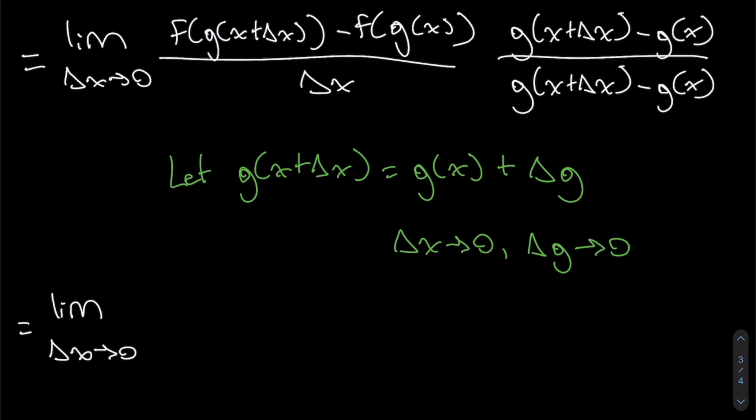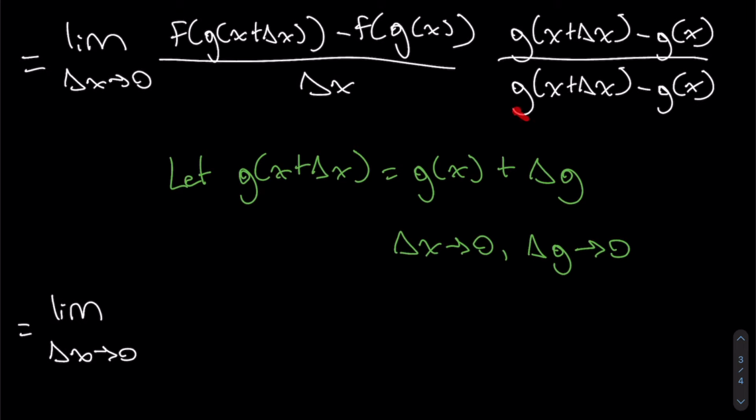First of all, with that substitution, this g at x plus delta x minus g at x is delta g, right? So instead of writing this term as f at g at x plus delta x, I'm going to write it as f at g at x plus delta g. I'm using this substitution here.